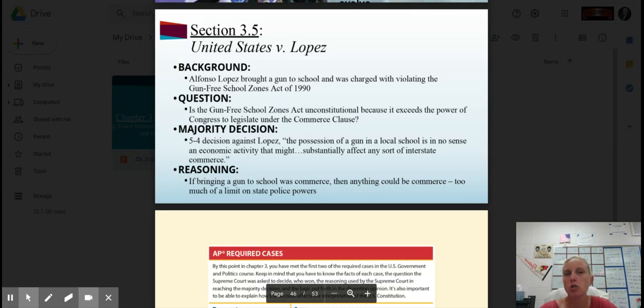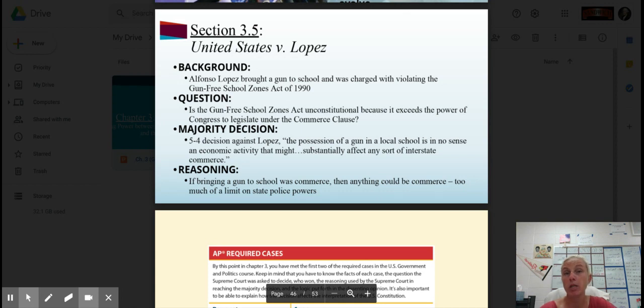So are they superseding their powers as a national government, saying they can arrest him because he violated the Commerce Clause and they have power under the Commerce Clause? And the court voted against it. They said the possession of a gun in a local school isn't an economic activity that the national government has to get involved in, because it's not really commerce.